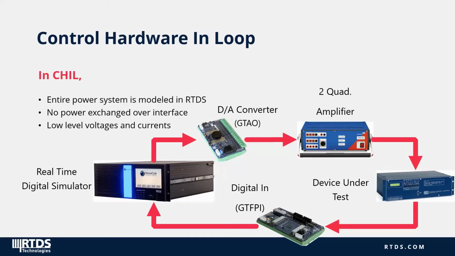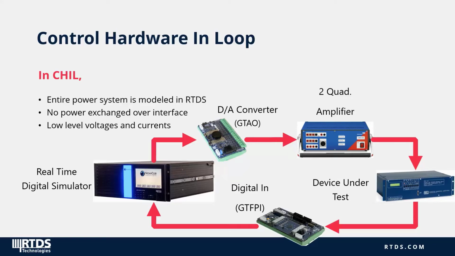In this setup, you can see that we'll be sending out the secondary side voltage and current signals from the simulated power system to our analog output card. Now, depending on the relay and whether or not the relay has a low-level interface connection, we may need to use an external amplifier to first boost these signals up to the correct voltage and current levels before we connect them to the controller. That's the purpose of this amplifier shown here.